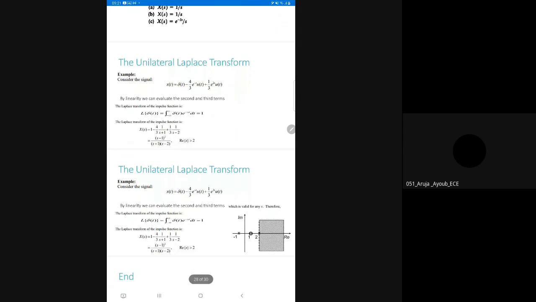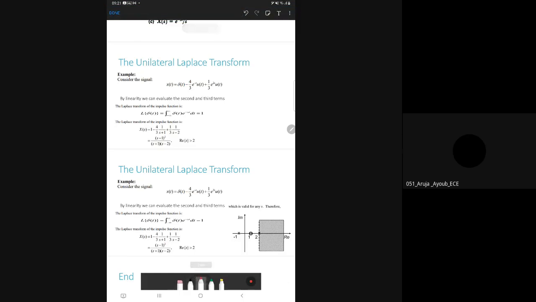We have an example of a unilateral Laplace transform. Here x of t consists of three terms: term number one, term number two, term number three. This is also a signal, an input, but it comprises three terms. When we take its Laplace transform, you know how we take the Laplace transform of a signal, following the linearity principle.